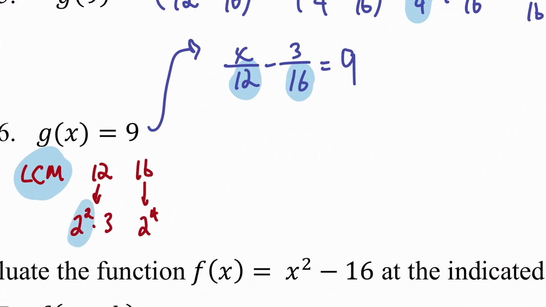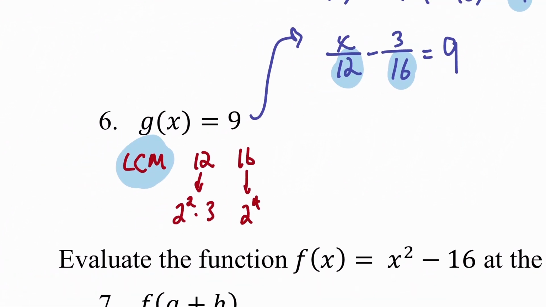We've got a 2 squared, and we've got a 2 to the 4th. You take the bigger one. 2 to the 4th will be how many 2s you need in that least common multiple. And then you look at the next prime, which for us is just 3. There's only one 3, so we need 1 copy of 3.